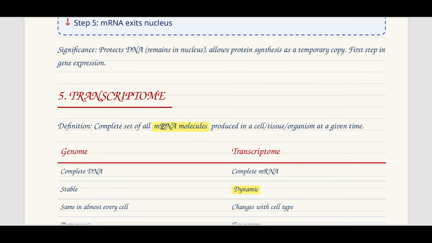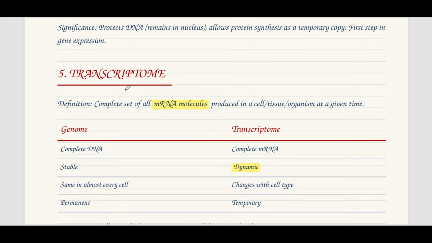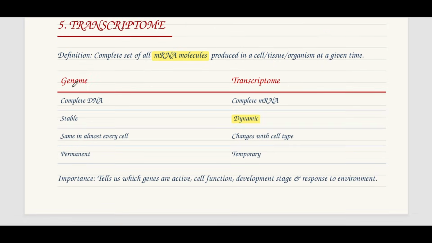The transcriptome is the complete set of all mRNA molecules produced in a cell, tissue, or organism at a given time. You know that, right? Transcription is the process in which mRNA is synthesized to carry the message from DNA to RNA. That complete set of mRNA produced in a cell or tissue or organism at a given time is the transcriptome.